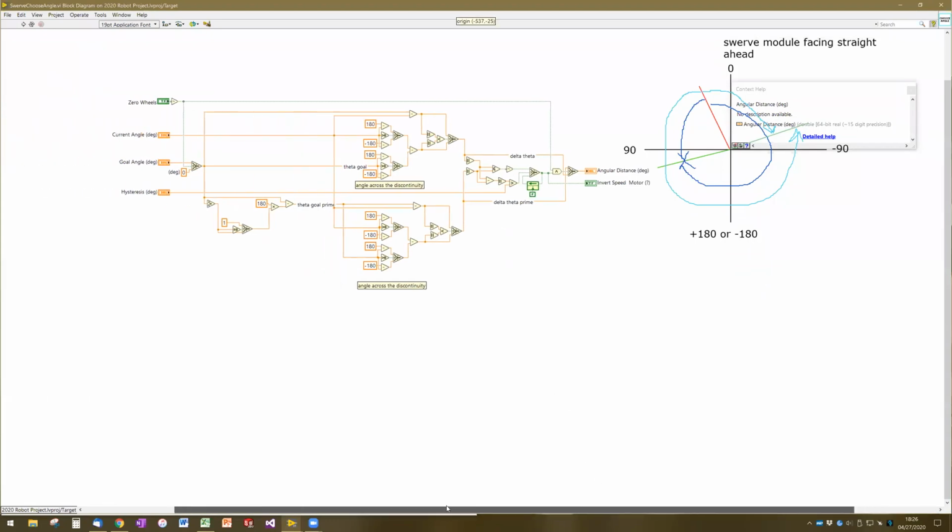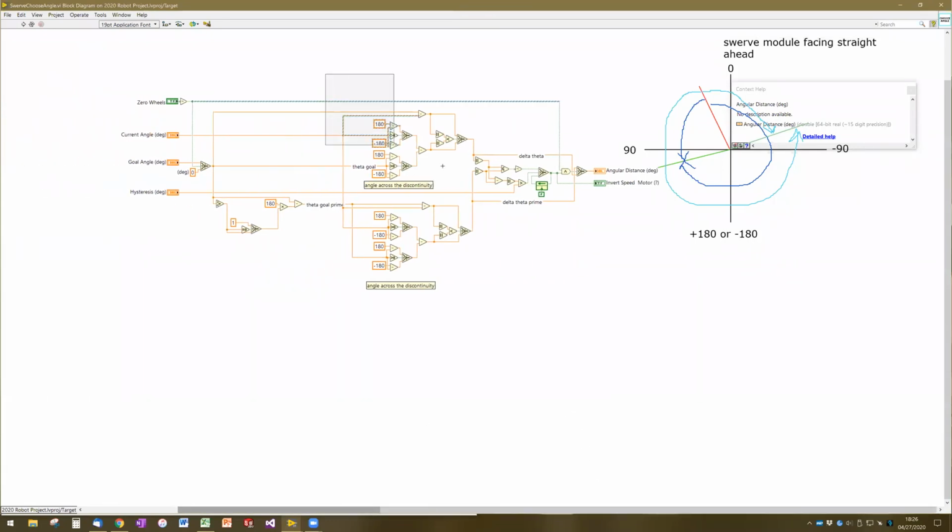Okay, so we've got two chunks of code that are duplicated, and I'm not going to go through it in exhaustive detail, but essentially what we have going on is the following. We've got our goal angle, which normally is what's coming from the Swerve math.